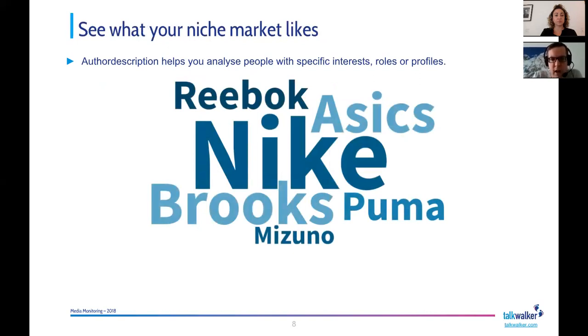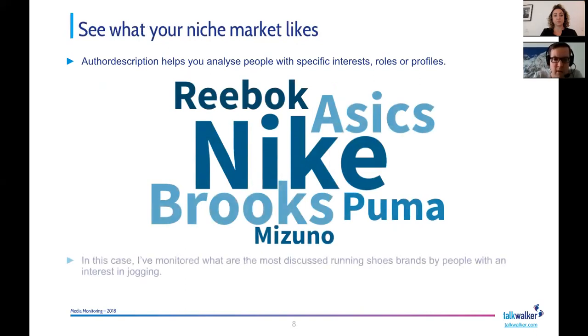That would find anyone that has the word jogger in their Twitter bio or Instagram bio. So these are the people that are specifically interested in jogging. By looking at those results, I could look at the brands that those people are talking about. So now I can see which running shoes people who are really interested in jogging are discussing. So you can really narrow down the people that you want to talk to and listen to the conversations they're having about your product.